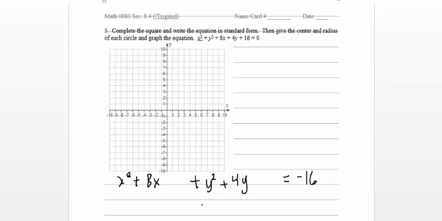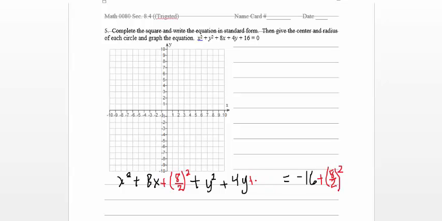Now I'm going to complete the square. I'm going to add on the square of half of 8 to both sides of the equation.